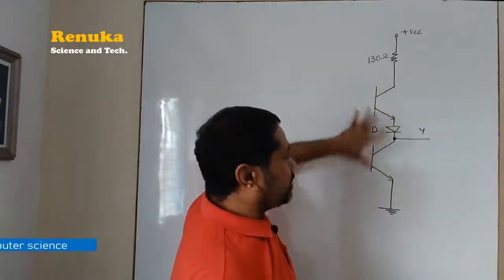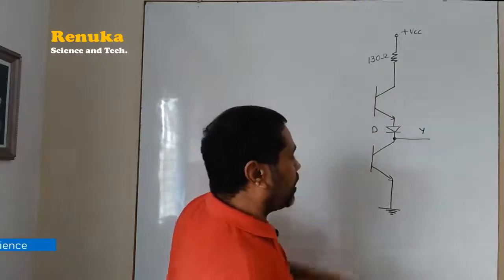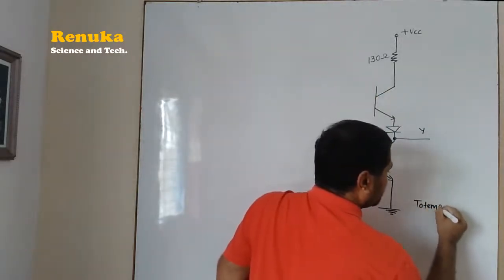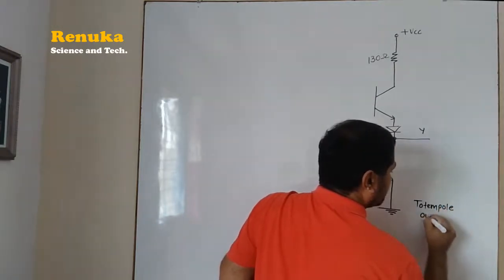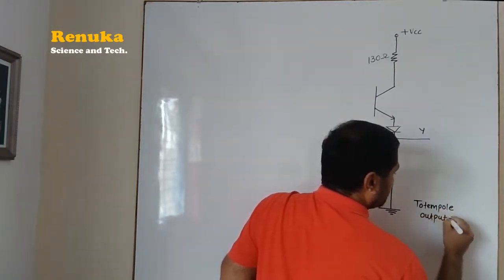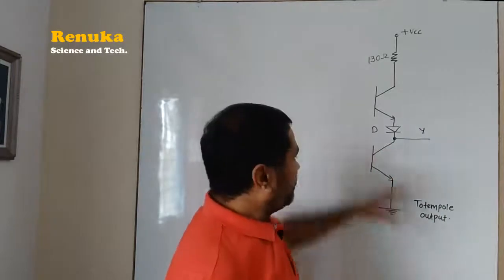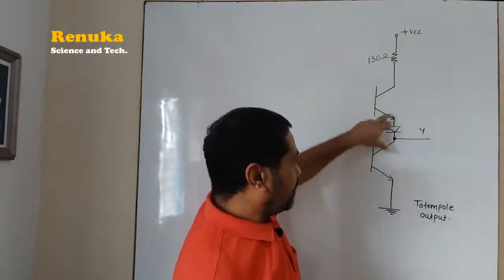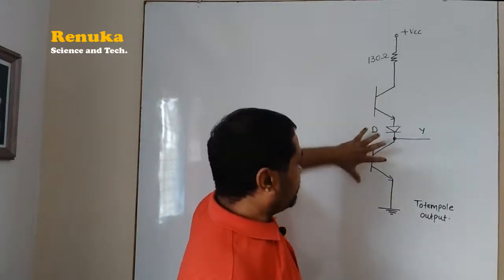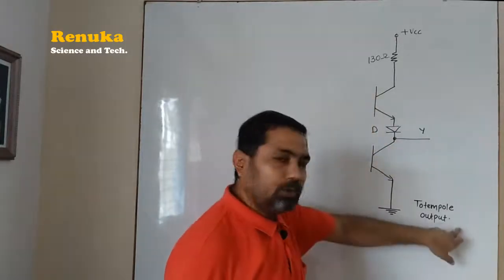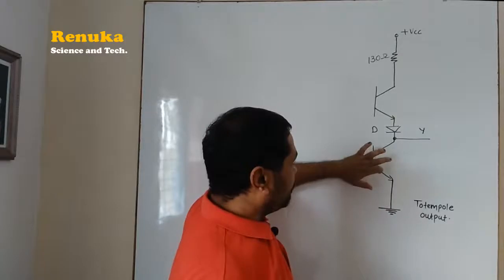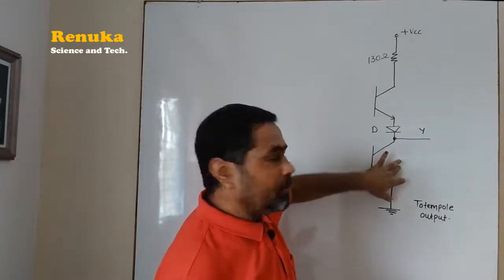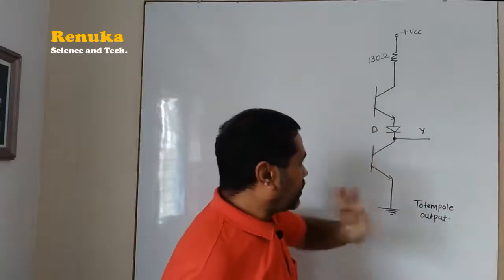This type of connection is called a totem pole output connection. Whenever there are two transistors and the output is taken from their common connection, in which any one of the transistors will be on at a time, this is called a totem pole output.